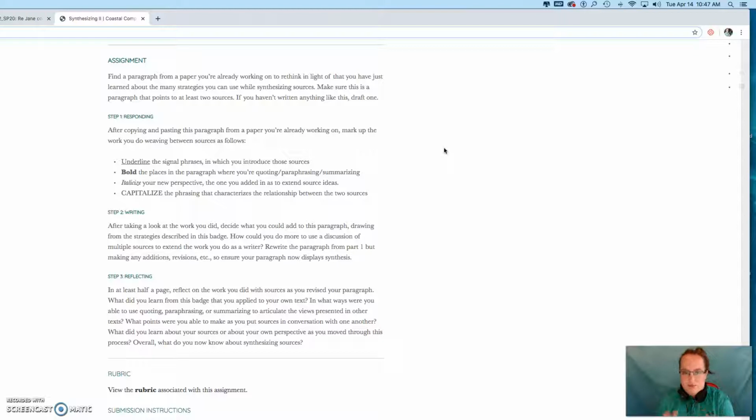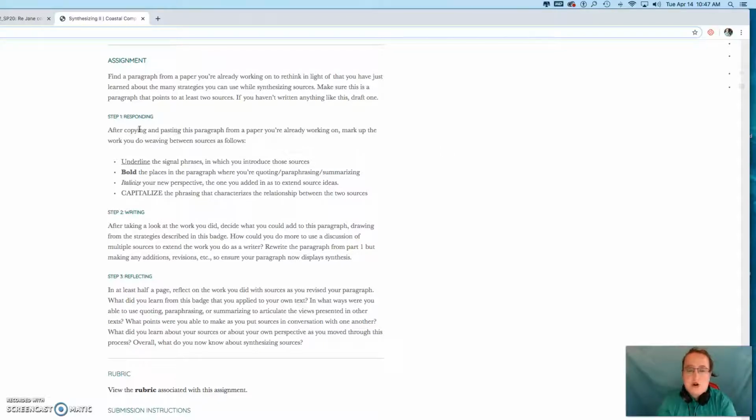So the main point you want to look for when going through your papers, and it could be either paper, is that you want to find a paragraph that has at least two different sources, different quotes, different paraphrases. If you have not done this, and I think most of you probably have because we've asked you to quote in I think every paragraph for each of the papers we've done, but if you haven't, you can type up something about Read Jane, just about what you've read so far.